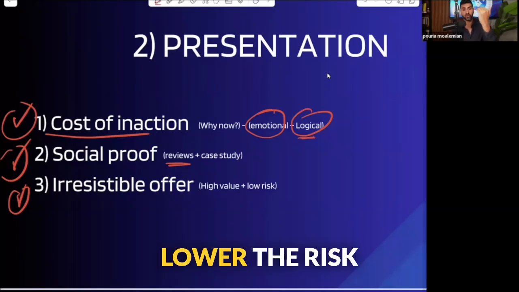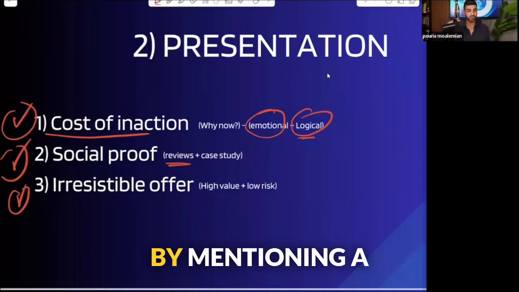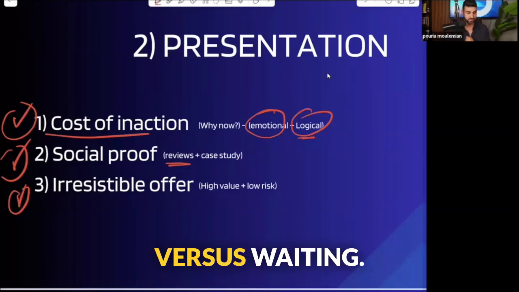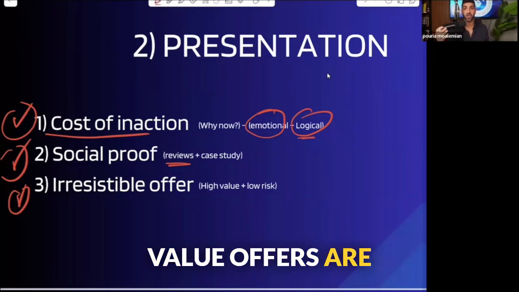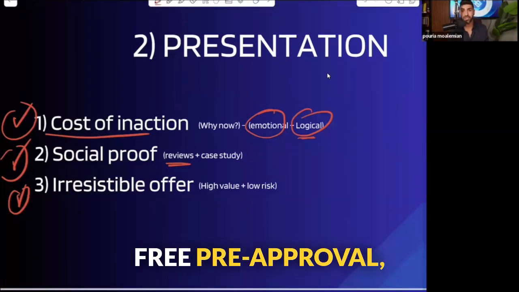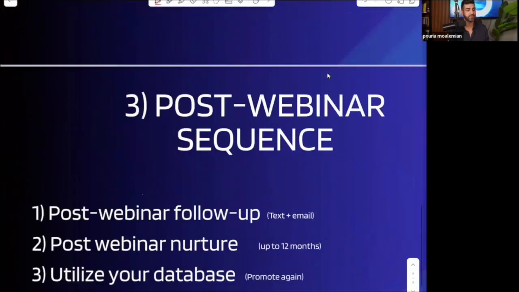This way you lower the risk, and you also increase the value by mentioning a custom report of buy now versus waiting. The low value offers are the ones like free consultation or free pre-approval, and those don't count as an irresistible offer.